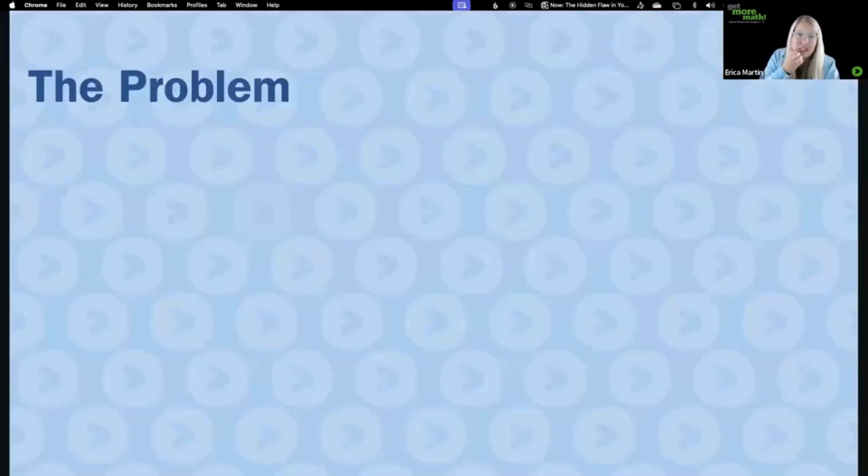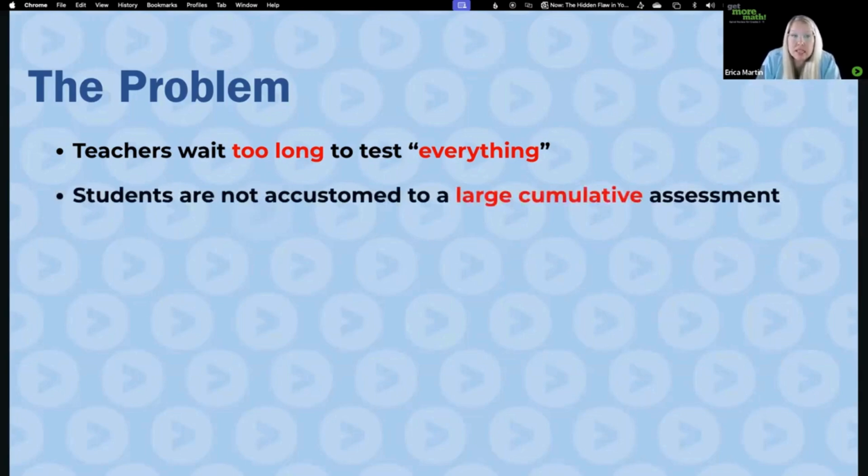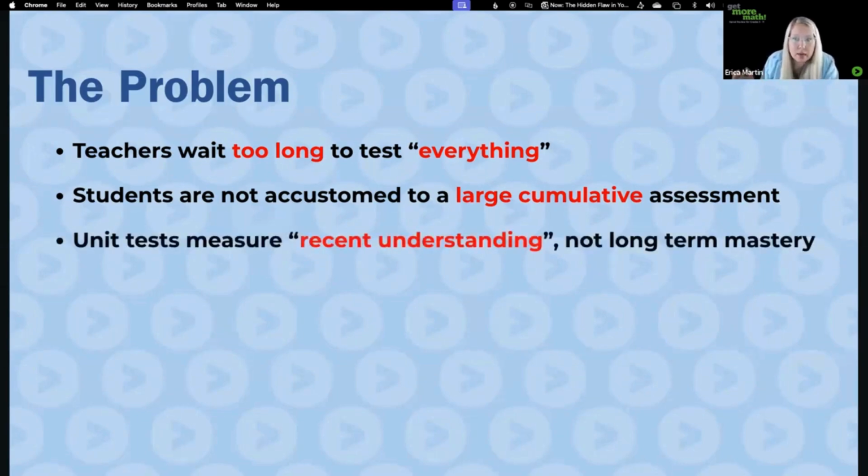Well, here's what I think the problem is. As teachers, we are waiting entirely too long to test everything. Students are not accustomed to cumulative assessments at all, let alone a large cumulative assessment that covers everything. We've just been testing them in what we recently taught.